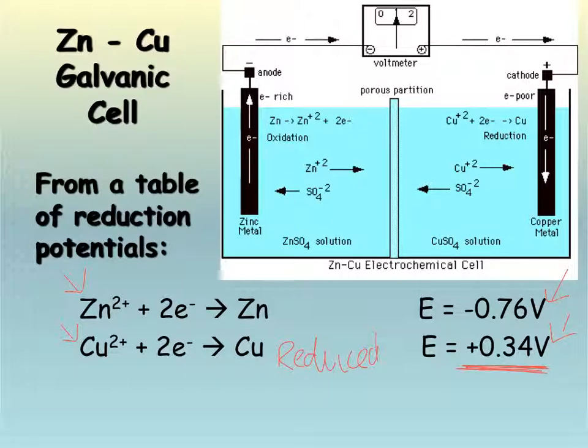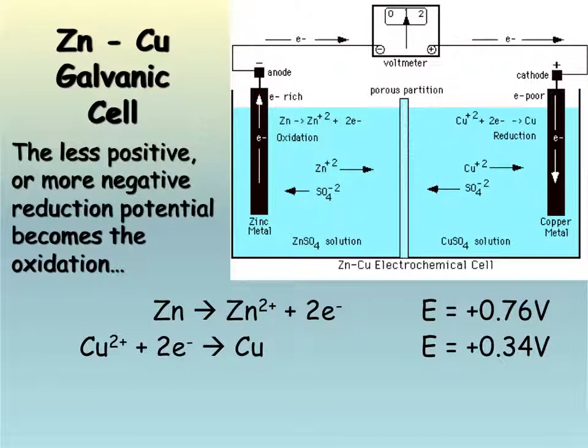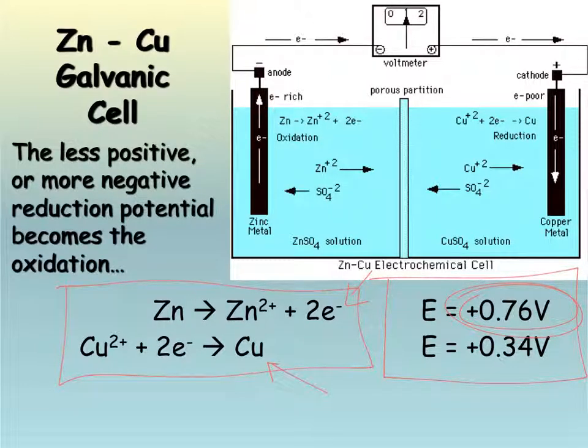All right, now because zinc has the lower value, it's actually going to be oxidized, which means I need to straight reverse this equation and make this into a positive 0.76 volts. All right, so here I went. So I was able to flip our equation for zinc, our oxidized, left the copper one alone. And then I had to change my value for zinc. I had to make it a positive value instead of a negative value.